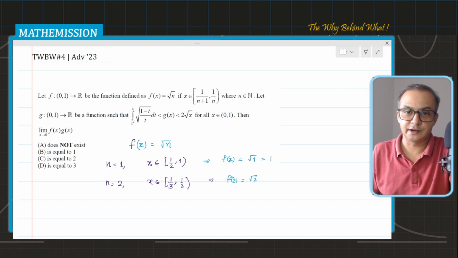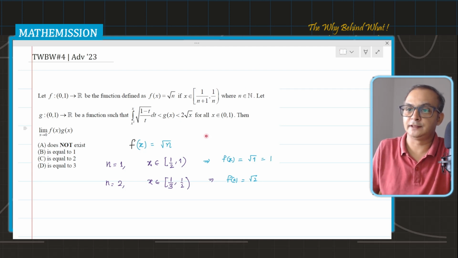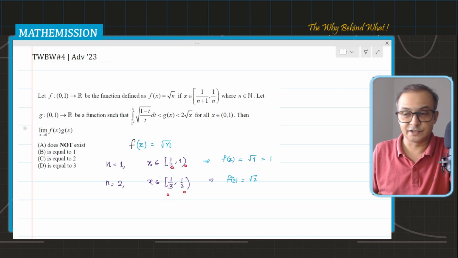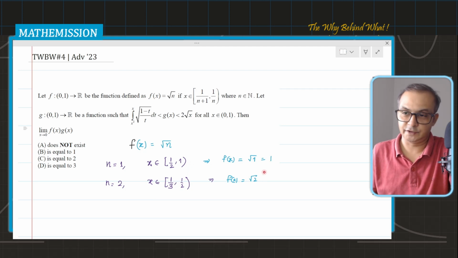In such a way, we can understand that in each such interval, 1/2 to 1, 1/3 to 1/2, in each such interval, the function has a constant value. And this constant value comes from the denominator of the right end, taking the root of it. So this way it is defined.